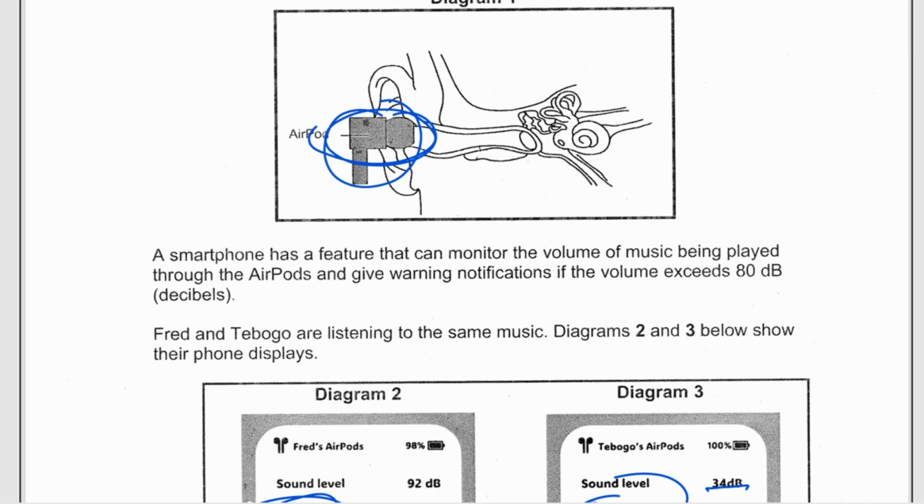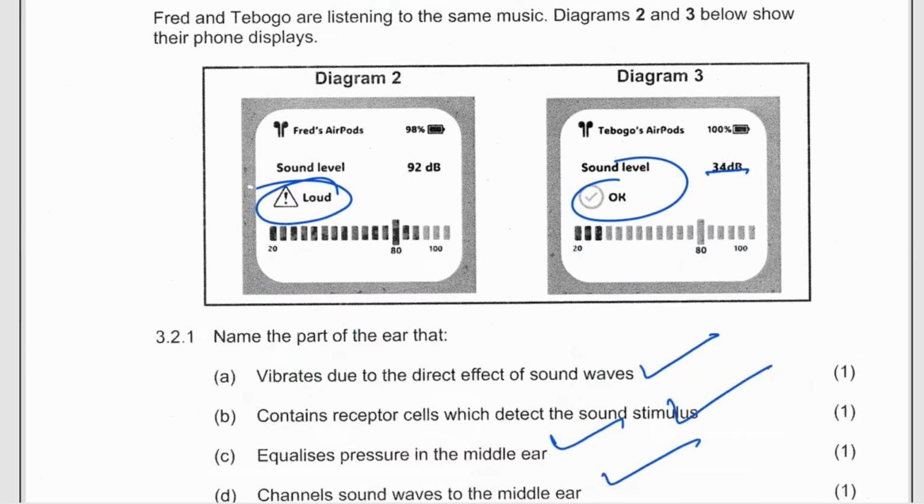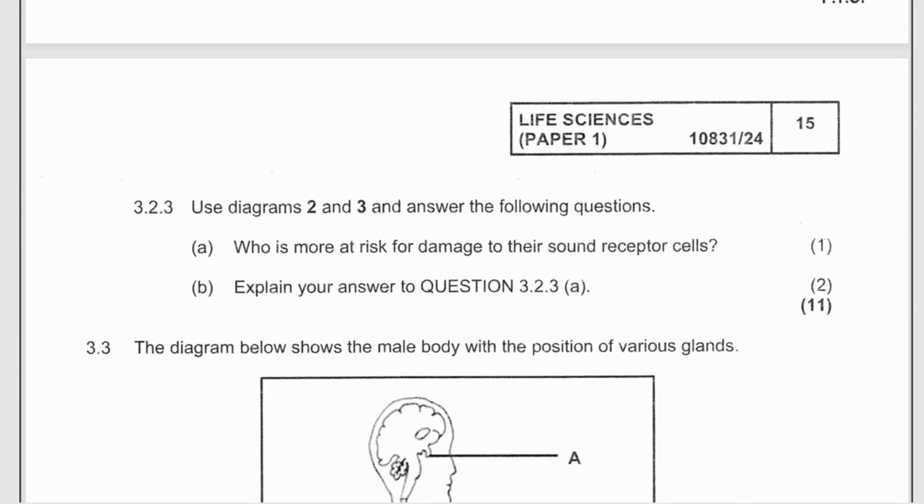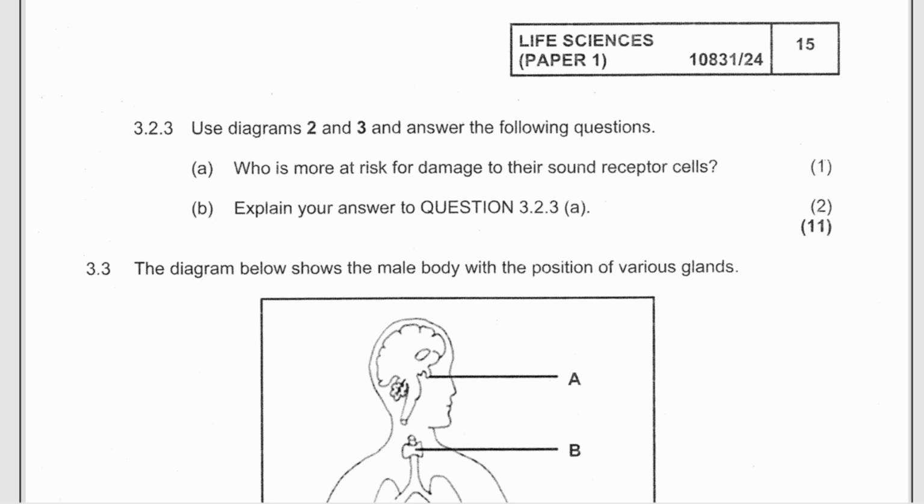Another thing is that the sound is directed from the iPod directly into the ear, meaning that it doesn't go out. You understand? So your answer is supposed to be related to that explanation.